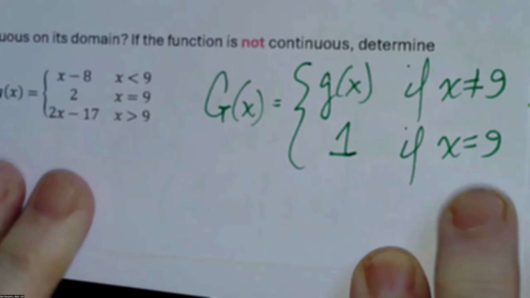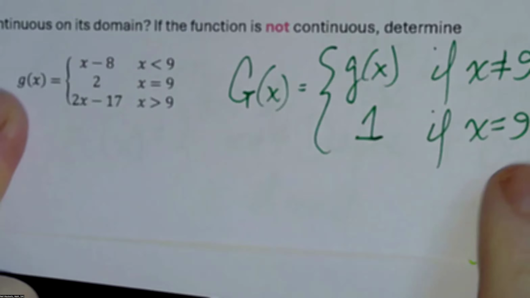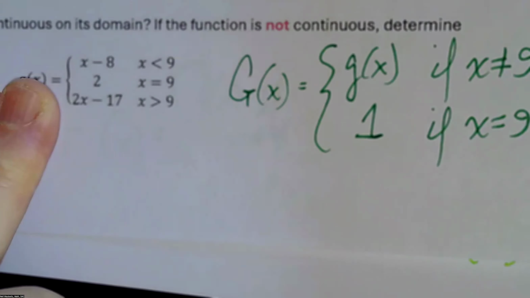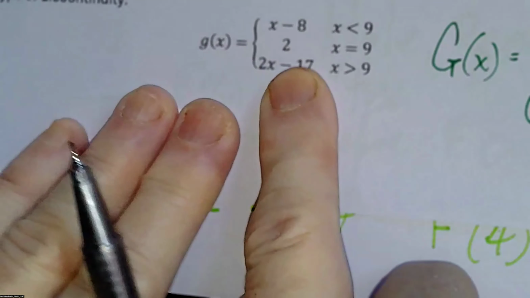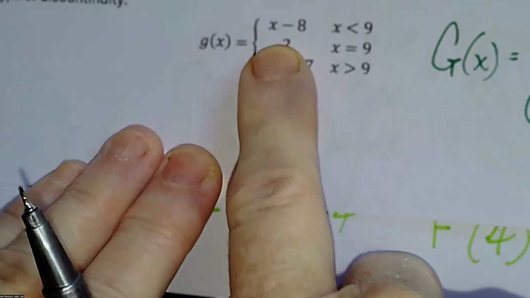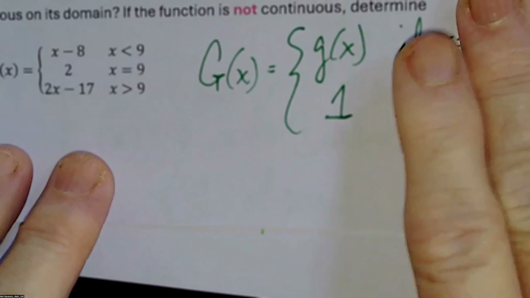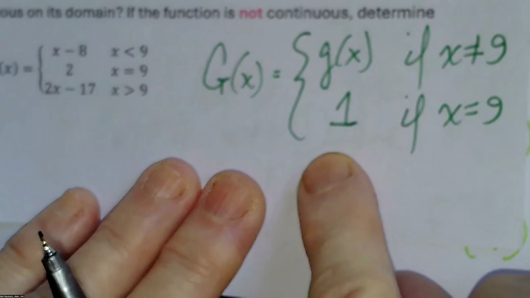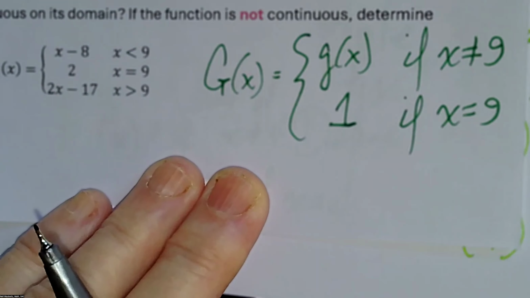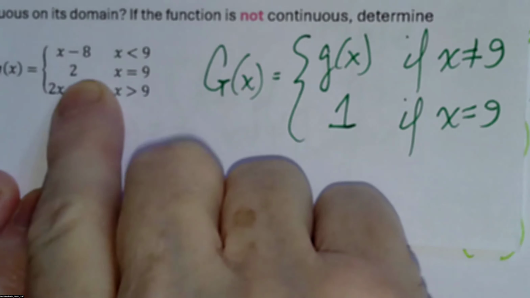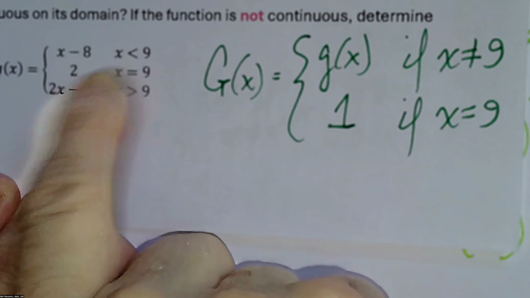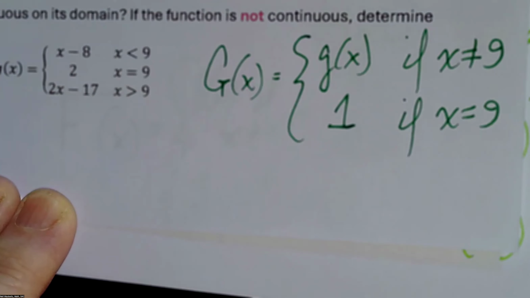Because the limit as x approaches 9 of little g of x is 1. But the definition put the value at 9 to be 2, and we want it to be 1.